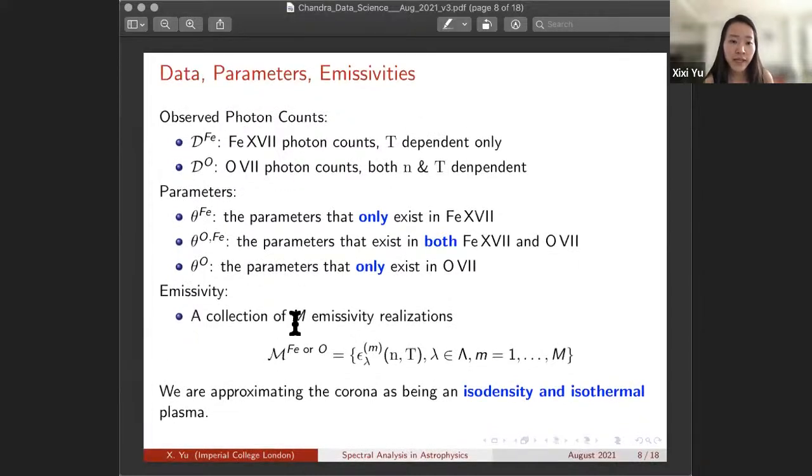And then we have a collection of emissivity realizations, each realization denoted by epsilon. Specifically in our work, we are approximating the corona with a single density and single temperature plasma. But in reality, there will be an array of plasma volumes of different densities and different temperatures involved.